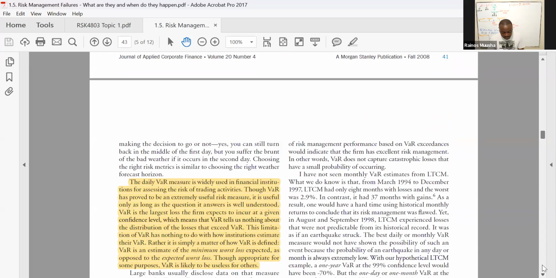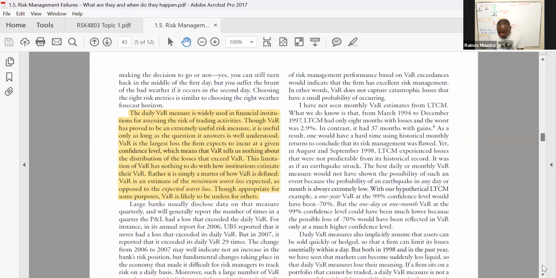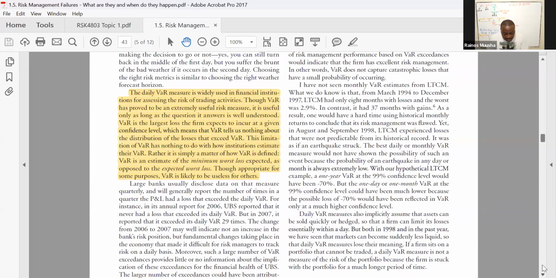So when you look at the definition of value at risk, they say the daily value at risk measure is widely used in financial institutions for assessing the risk of trading activities. Though value at risk is proven to be an extremely useful risk measure, it is useful only as long as the question it answers is well understood.